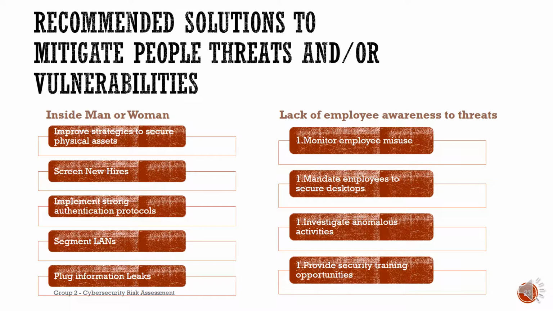Finally, we'll investigate anomalous activities and deploy network forensic analysis tools such as Computer Associates Unicenter Network Forensics and Sandstorm Enterprise to analyze the flow of information throughout DTL Power's network. And lastly, we'll provide security training opportunities.